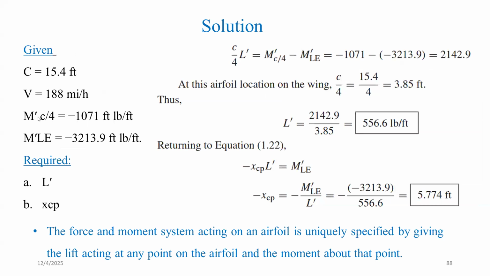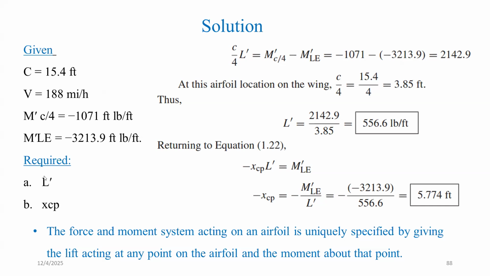The chord c is 15.4 feet, velocity 188 miles per hour, moment about the quarter chord is minus 1071, and moment about the leading edge is minus 3213.9.